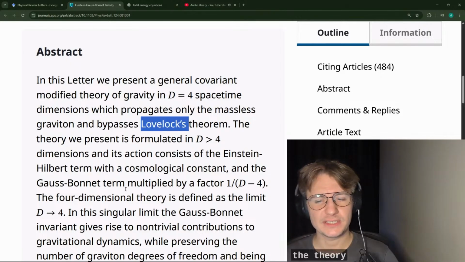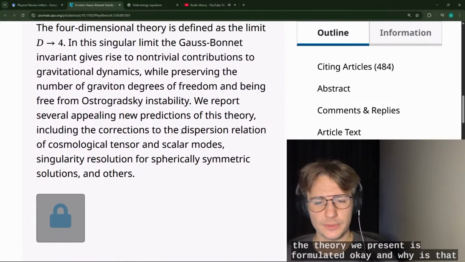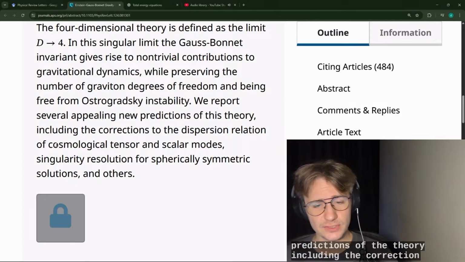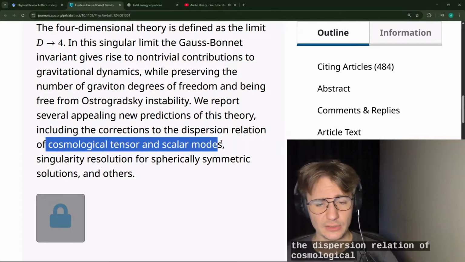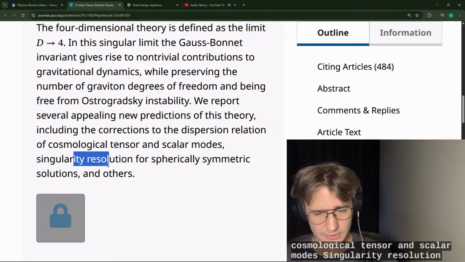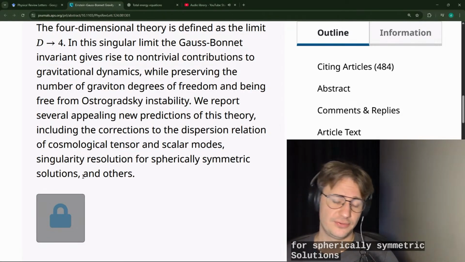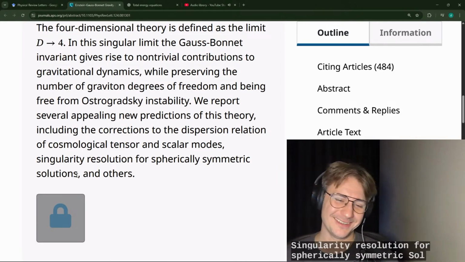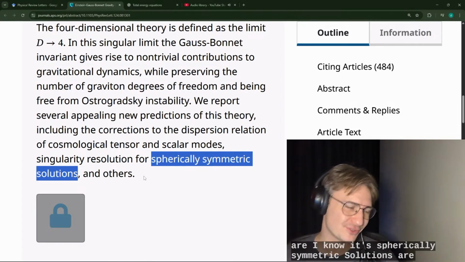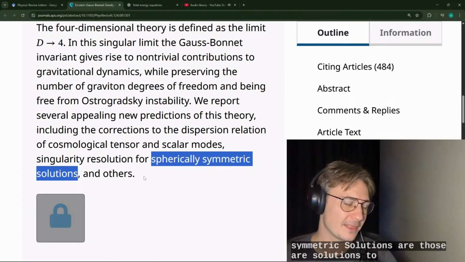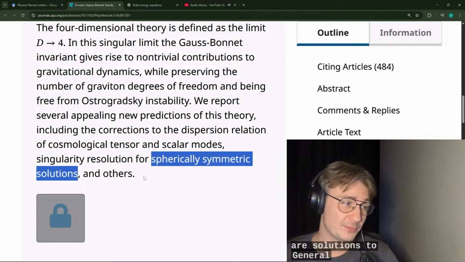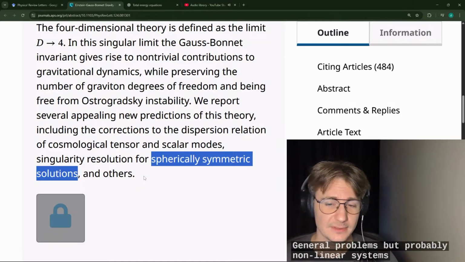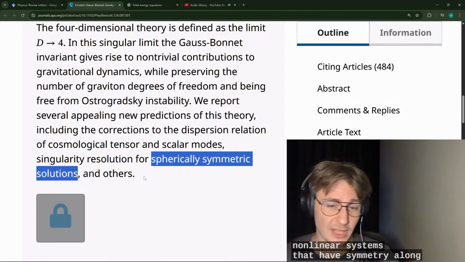The theory we present is formulated, okay, and why is that important? Several appealing new predictions of the theory, including the corrections to the dispersion relation of cosmological tensor and scalar modes, singularity resolution for spherically symmetric solutions. Does anyone know what singularity resolution for spherically symmetric solutions are? I know what spherically symmetric solutions are. Those are solutions to general problems, but probably non-linear systems that have symmetry along a spherical axis.